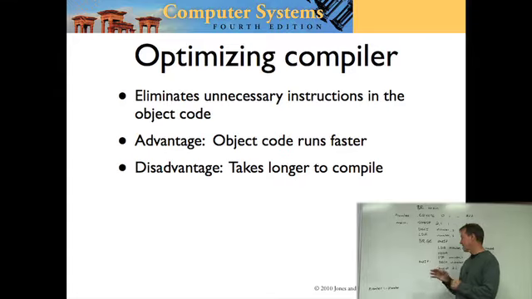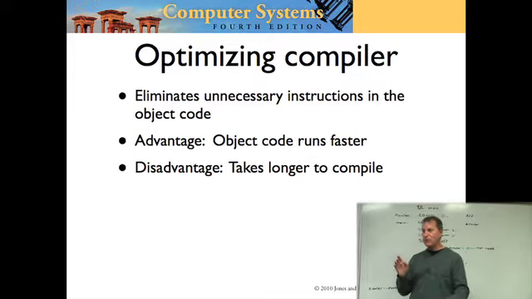To get back to my original trick question, which is better, optimizing compiler or non-optimizing compiler? Trick question. And what was your answer? It depends. It depends on what? If you want better object code or faster compile time.